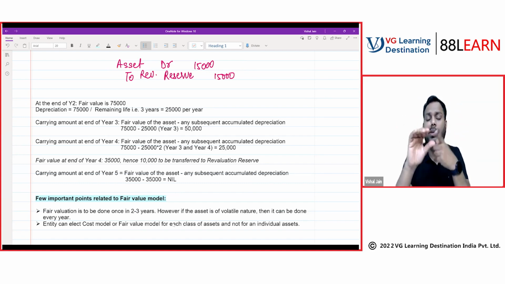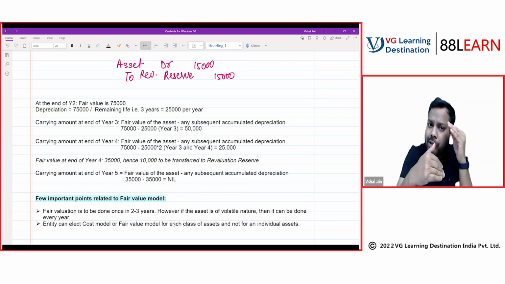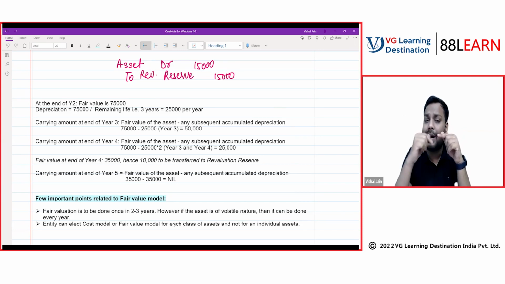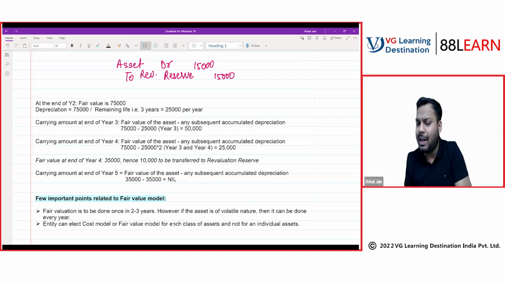So now let's suppose building is one class. In that class, there can be, let's suppose, 10 buildings. Now, if the entity has to apply the revaluation model or fair value model, it has to apply it to all the buildings. It cannot be the case that in the class of buildings, if there are 10 buildings, I will apply the revaluation model to 2 of the buildings, and for the remaining 8, I will apply the cost model. No, that cannot be done.